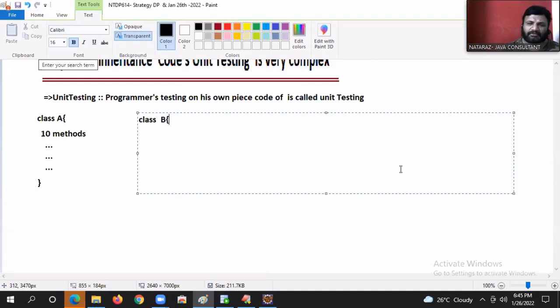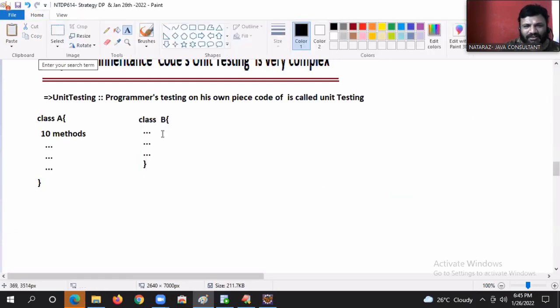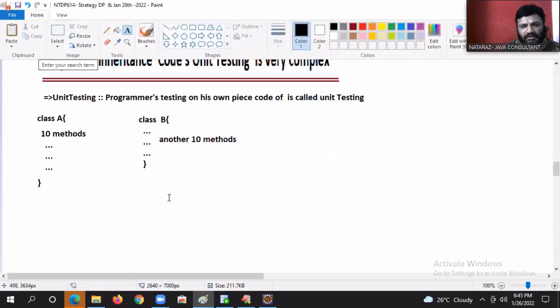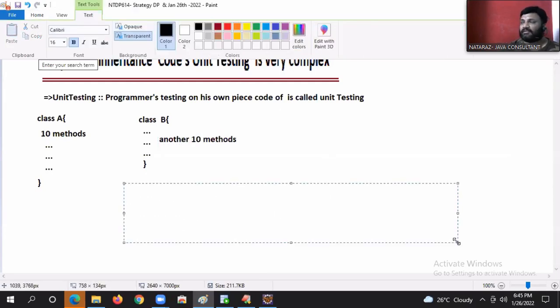Class B, here we are having another 10 methods. Right, guys.